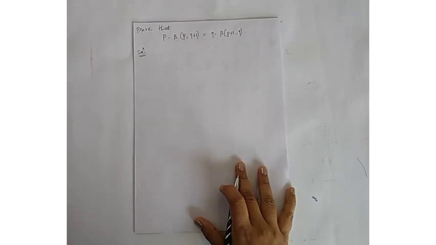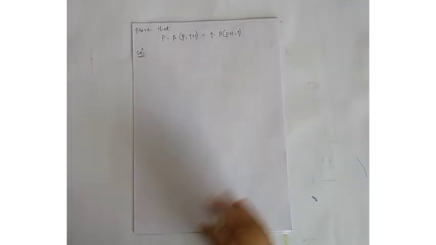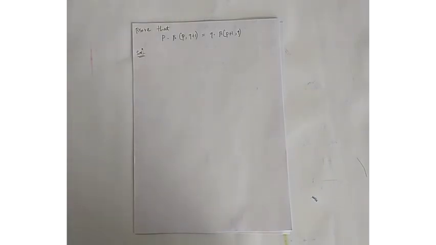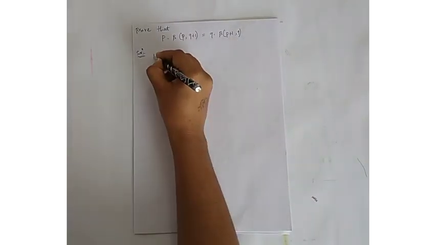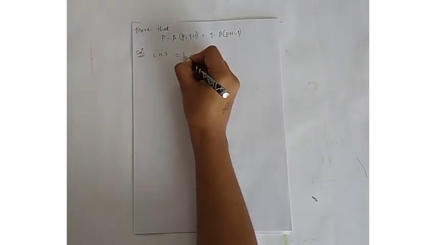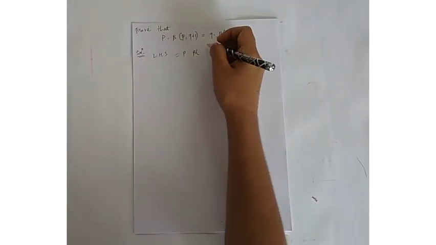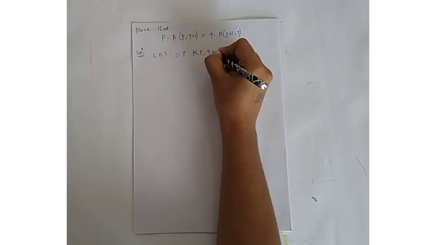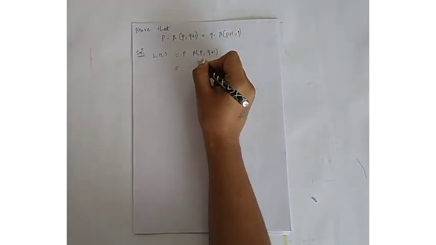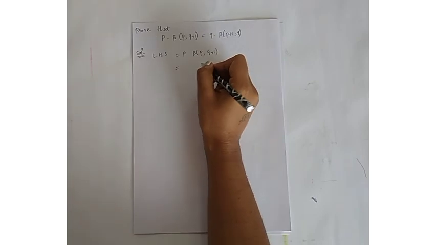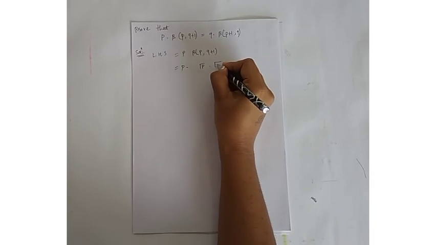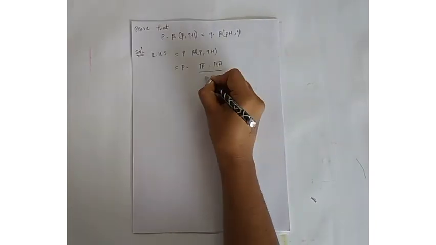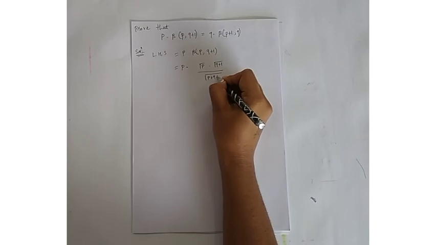The next example: prove that p into beta p, q plus 1 is equal to q into beta p plus 1, q. So from the LHS, that is p into beta p, q plus 1, use the relation between beta and gamma function: p into gamma p into gamma q plus 1 upon gamma p plus q plus 1.